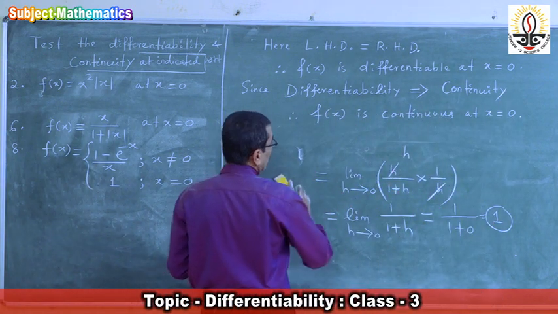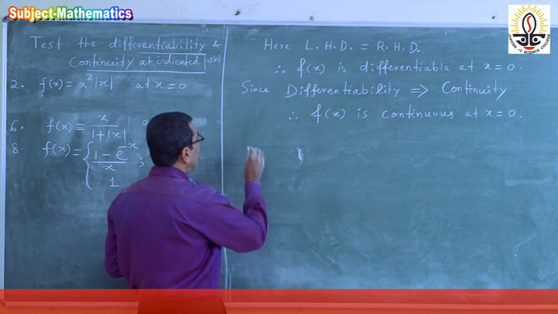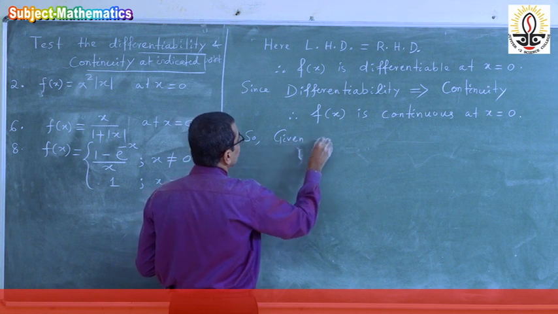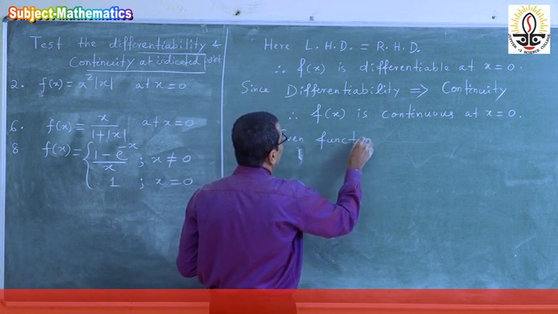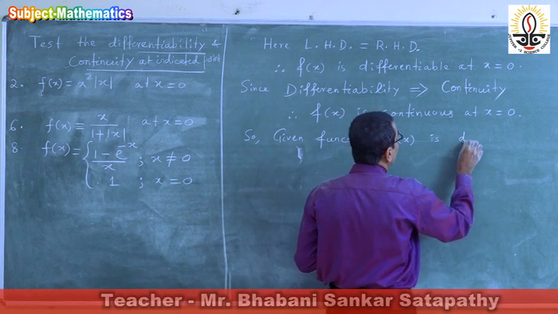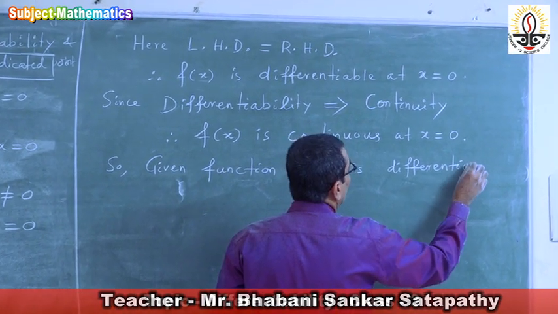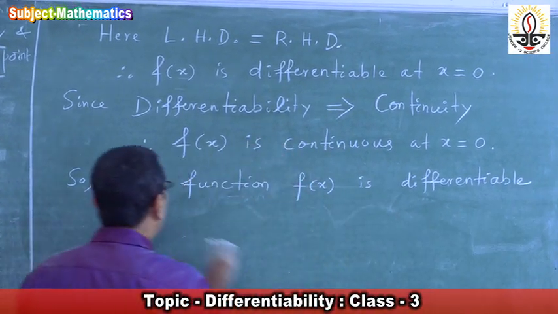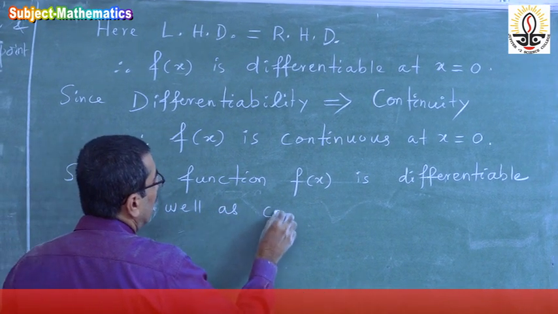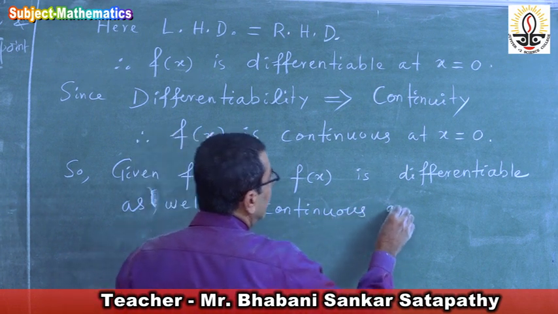So the answer of this problem will be finally, the given function f of x is differentiable as well as continuous at x is equal to 0.